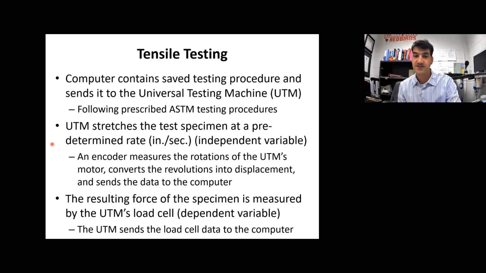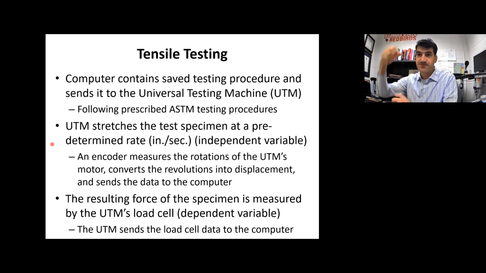The other important piece is the amount of force that we're getting in the part, and that is measured by what's called the load cell, which is sending its information to the computer, and the computer is recording the amount of load or force being exerted by the part. So the way we're controlling this test, in other words, the independent variable, is actually the stretch of the part.